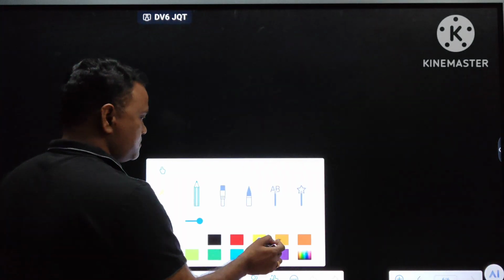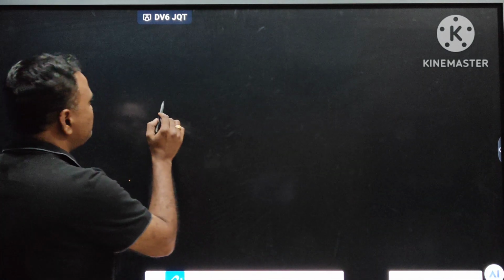Some reagents are there which particularly release halogens at allylic positions and at benzylic positions. Clear? You should remember those reagents. Look at this, all of you.